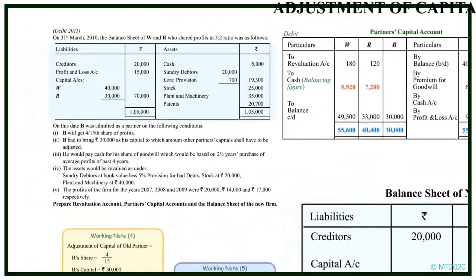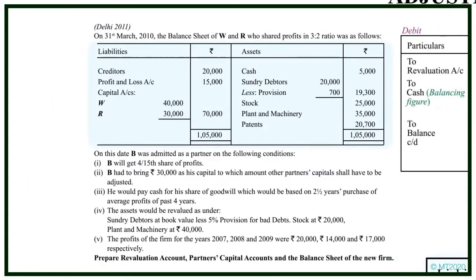Next, the item which we can see on the asset side is sundry debtors, gross value 20,000 and less provision 700. But in this particular item, we can see that information was given that for sundry debtors, the provision would be 5%. So when we calculate 5% on 20,000, it comes as 1,000 rupees.